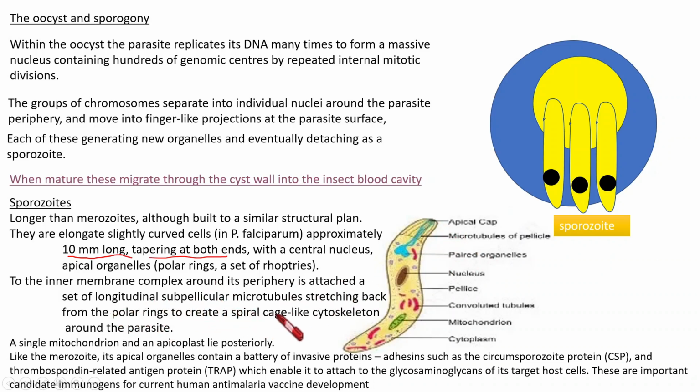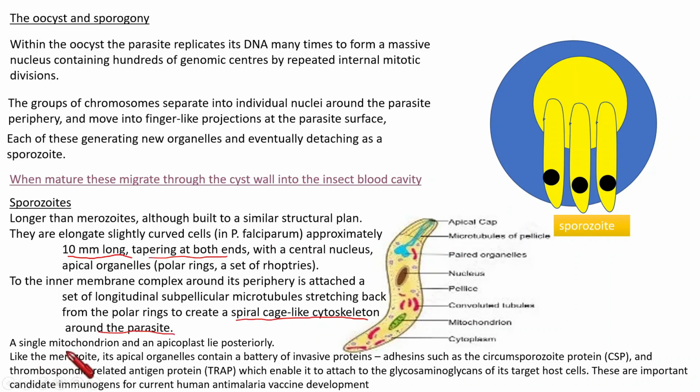These microtubules stretch back from the polar rings that we have seen in the merozoite itself. So from those polar rings, these microtubules stretch back and create a spiral cage-like cytoskeleton around the parasite.